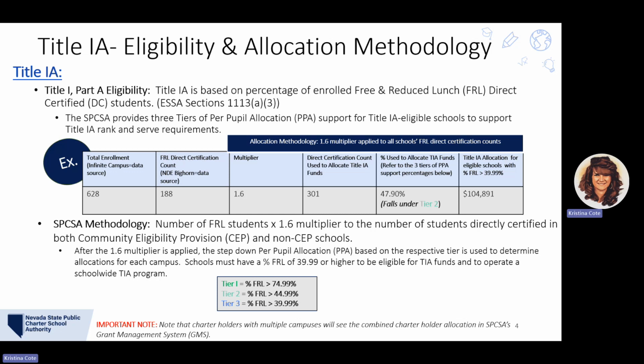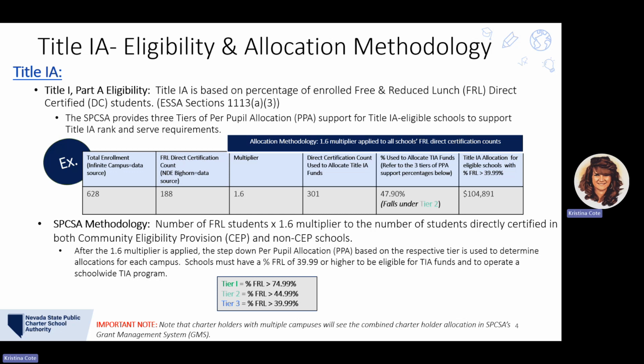SPCSA provides 3 tiers of support for Title I-A eligible schools for our methodology. The first tier, Tier 1, is the percentage of FRL, free reduced lunch, that is greater than 74.99%. The second tier is the percentage of free and reduced lunch which is less than 74.99%, but more than 44.99%.